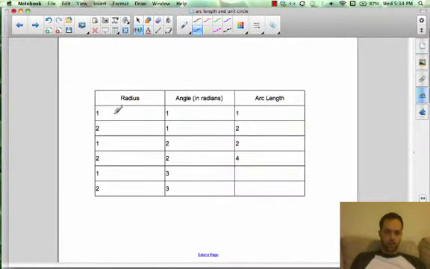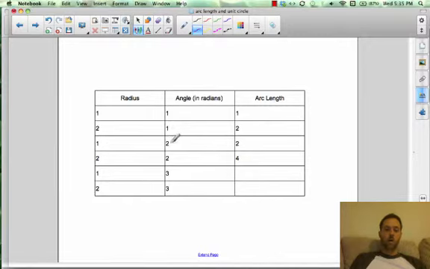So what have we learned? When we had a radius of 1 and our angle was 1 radian, we had an arc length of exactly 1, the exact same length of the radius. Now, when our radius was 2, we took 2 and we multiplied it by our angle in radians, and we ended up with our arc length of 2. So we move further on.